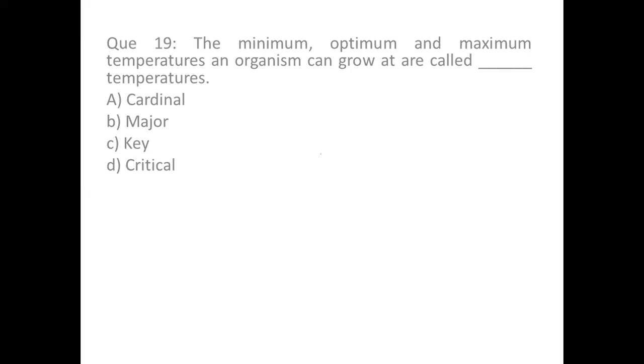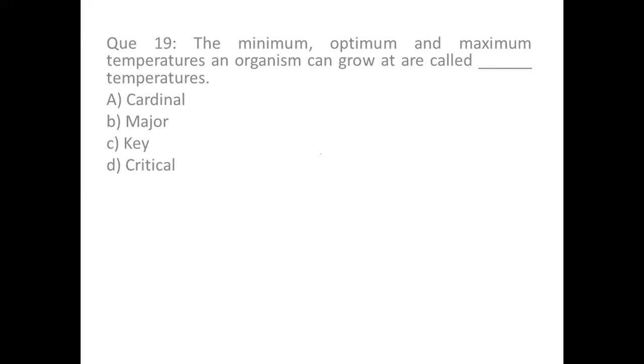Next question number 19: the minimum, optimum, and maximum temperatures at which an organism can grow are called dash temperatures. And the options are option A, cardinal, option B, major, option C, key, and option D, critical.